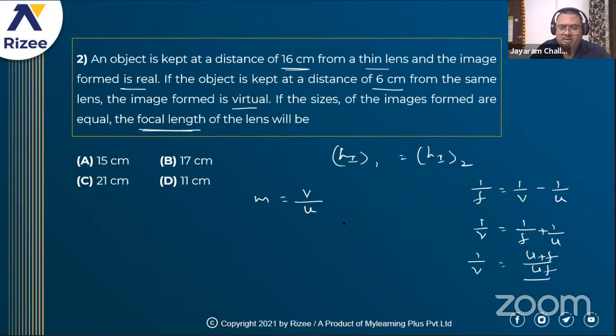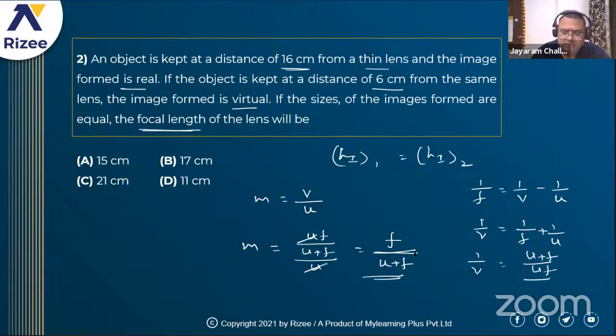So V can be replaced, and substituting here, magnification can be written as U into F by (U plus F), with the denominator being U, which is already there. So the relation between the magnification and the focal length can be written as m equals F by (U plus F).